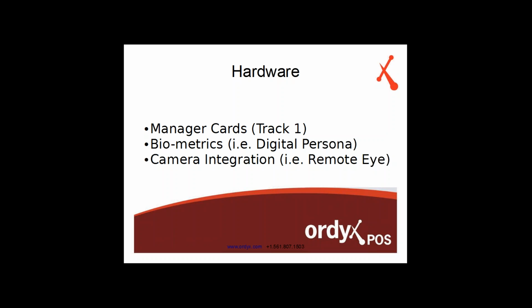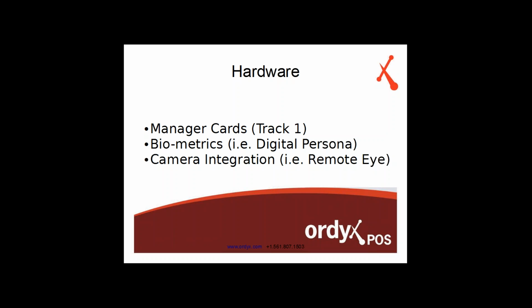This is a good way to protect the numbers for the managers, so they don't have to log in. The manager that you assign this card to can do basically comps, discounts. They can do everything with the card.